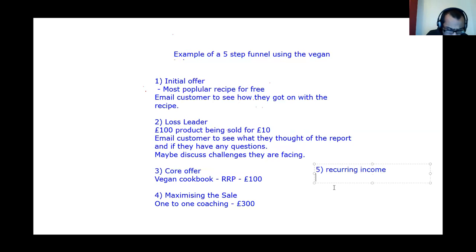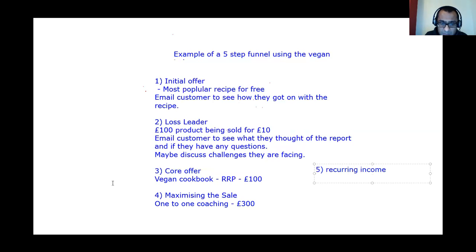So this could be a monthly membership. You may have a website running, you may have a blog, they could get new recipes that you put out there, any new information sent directly to them. Just a monthly membership to your vegan website where they get all this information.